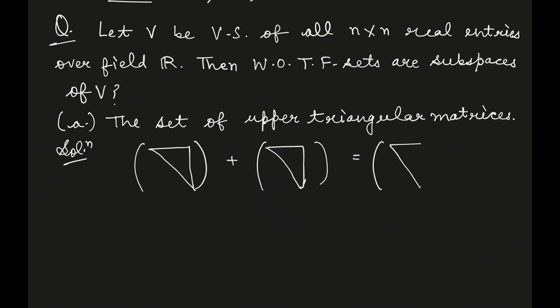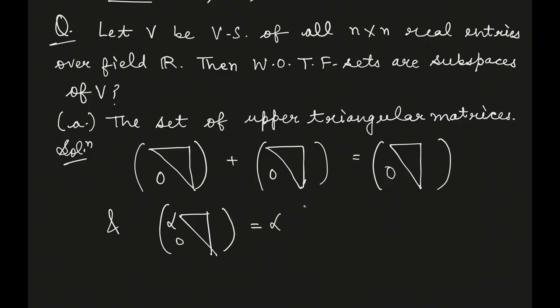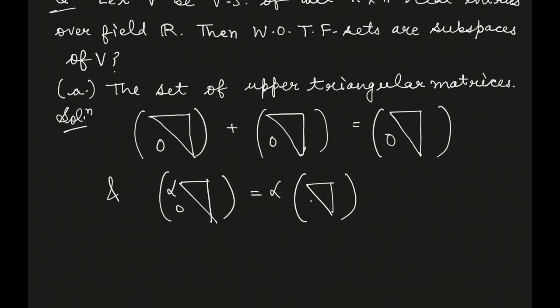This will also be an upper triangular matrix. So it is closed under addition. Similarly, scalar multiplication: alpha into an upper triangular matrix, the entries below are 0, so alpha will come outside. So scalar multiplication is also satisfied. So it is a subspace.